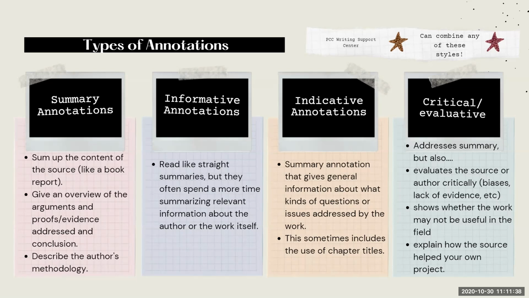You're not so much giving us insight into the methodology of the author or the main points. You're just giving us a general overview as to what the source discussed and how, and the issues that were addressed.